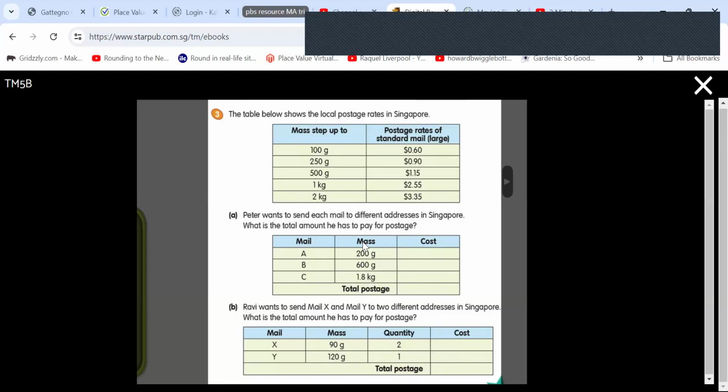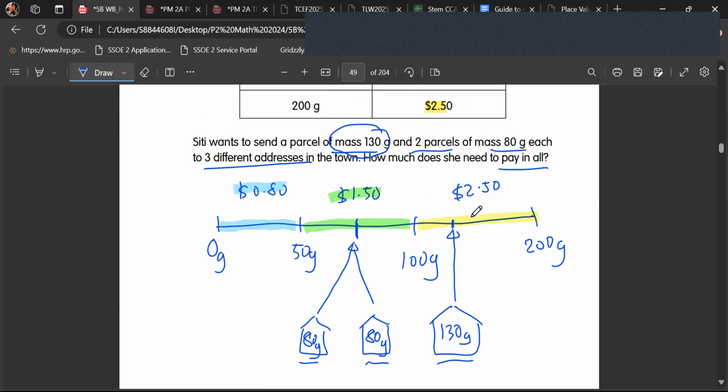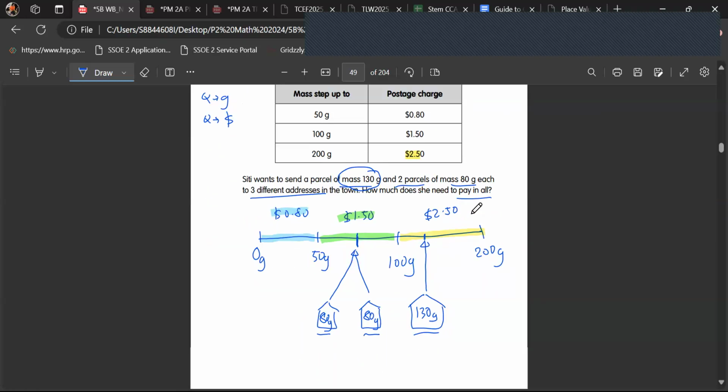Now, this is a question that was similar to our workbook yesterday. But you see, yesterday when I went through that question in our workbook, this was yesterday's question on a postage charge.